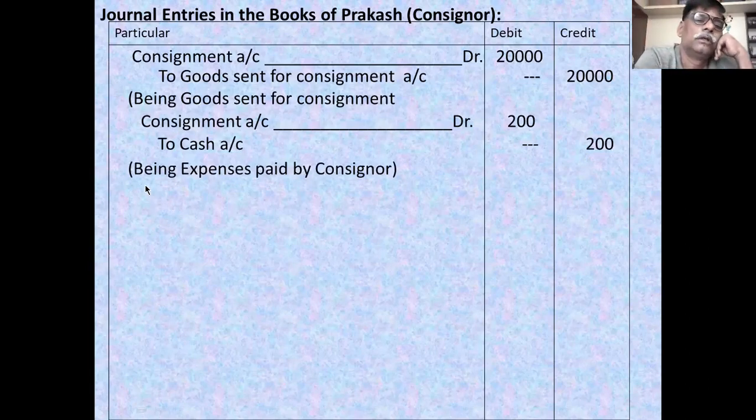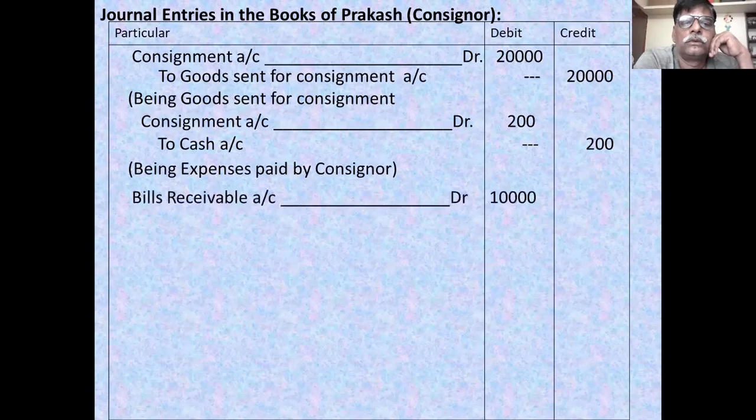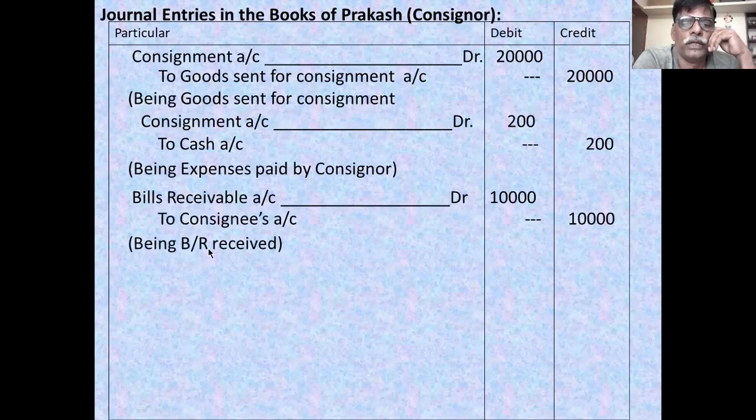Second entry. And third, consignee, sorry, bill is there. Bills receivable account debit 10,000 to consignee account 10,000. Being bills receivable received.